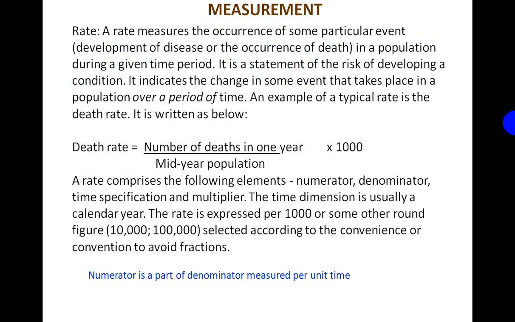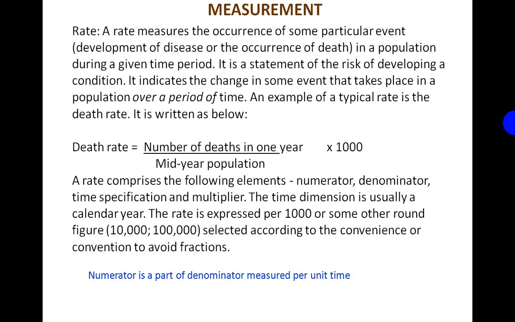Rate. A rate measures the occurrence of some particular event, development of disease or the occurrence of death in a population during a given time period. It is a statement of the risk of developing a condition. It indicates the changes in some event that take place in a population over a period of time.